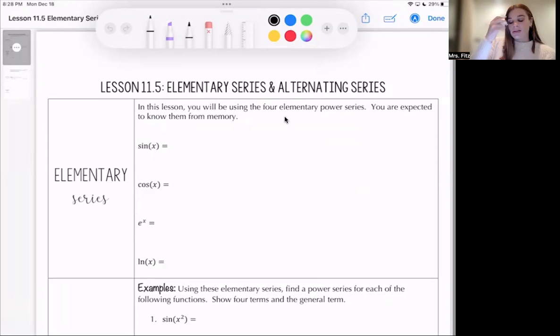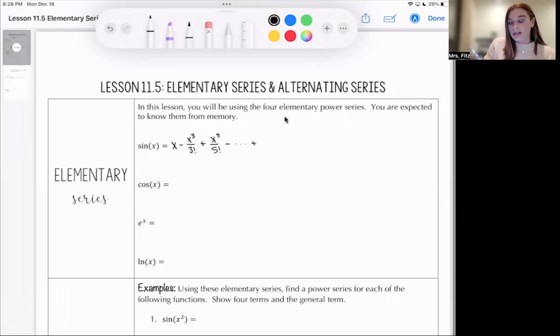But like I said, you can derive these yourself, but it really does help to memorize these for the AP exam. Okay, so sine of x, we actually did this one in a previous lesson, but it starts out with x minus, and we get all the odd powers of x. So we have x cubed over 3 factorial plus, and it alternates, right? X to the 5th over 5 factorial plus or minus dot dot dot, and we'll go ahead and write in our general term.